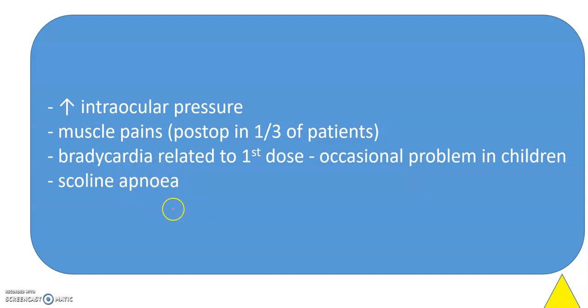If there is dyspnea, it means we have shortness of breath. Apnea means no more breathing. So you give choline, it can cause you to stop breathing. Besides, it can cause your heart rate to go very low. So heart, lung: the heart rate goes very slow, and then the breathing stops entirely.